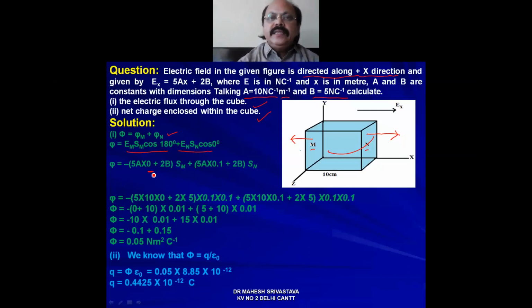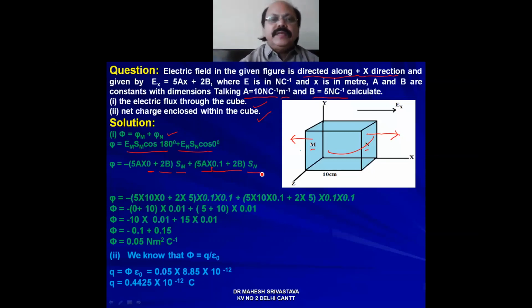So 5A into 0 plus 2B, and then the area of M surface, Sm, plus, for the N surface, which is at 10 centimeter from the origin, that is 0.1 meter. So in place of x we have to write 0.1 meter. So within bracket 5A into 0.1 plus 2B, and then the area of N surface.